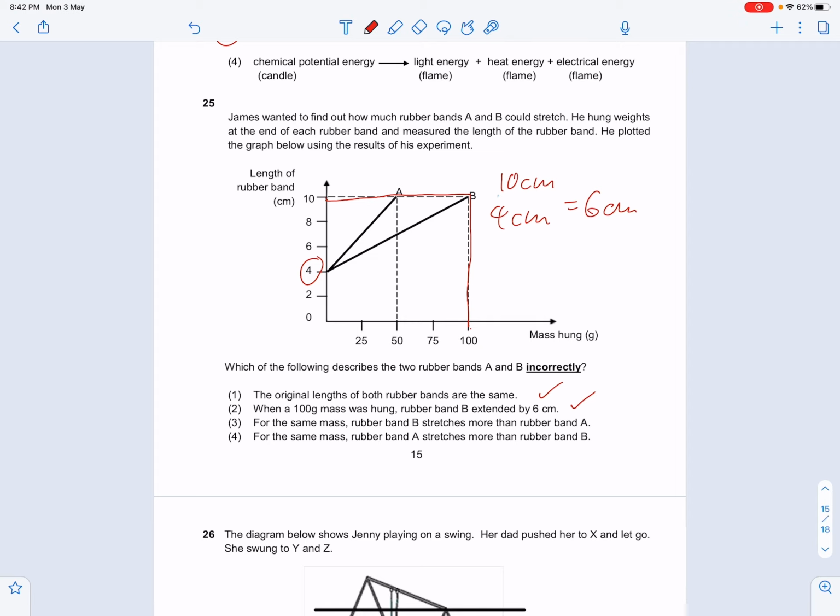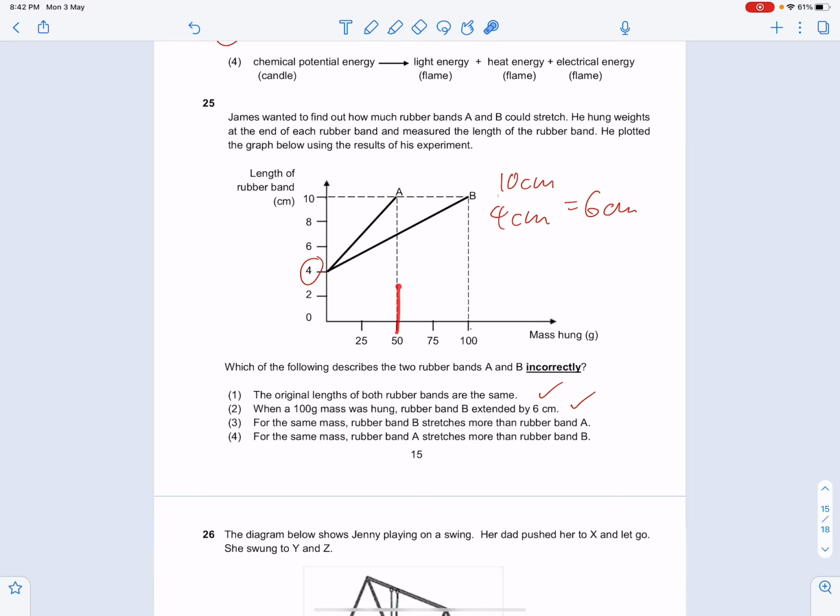Let's look at 3. For the same mass, rubber band B stretches more than rubber band A. Okay, now this is not true, because if you look at 50, I'm just going to use a very simple one.